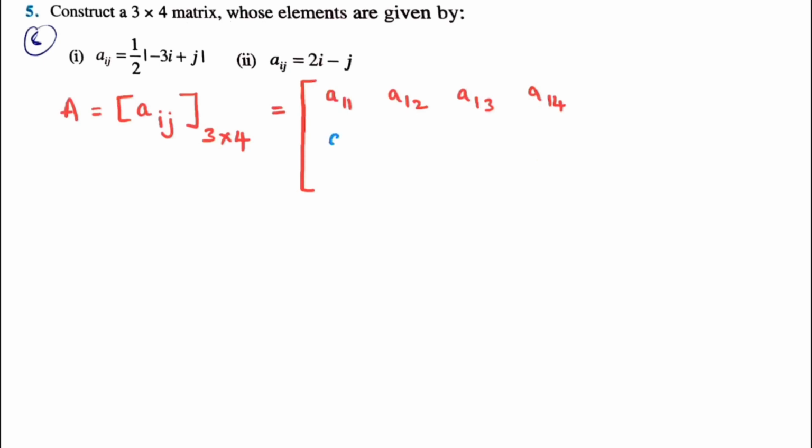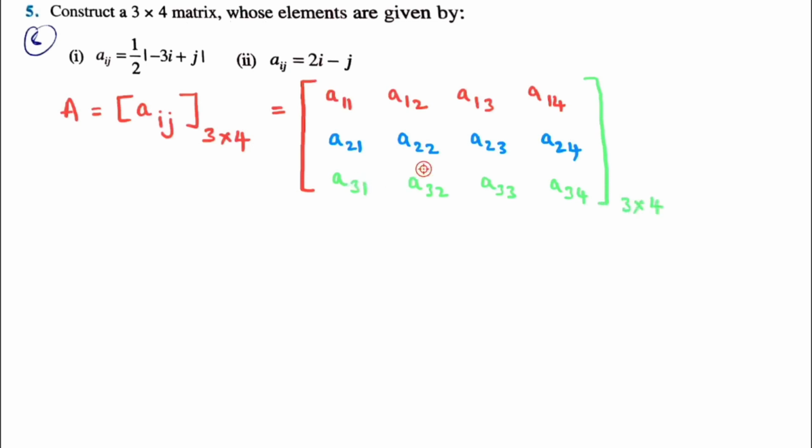This is second row, first column, second row, second column, second row, third column, second row, fourth column. Right? Now this is which row? This is third row. So what to write here? A31. Third row, second column. Third row, third column. Third row, fourth column. So this is the matrix of order 3 by 4.